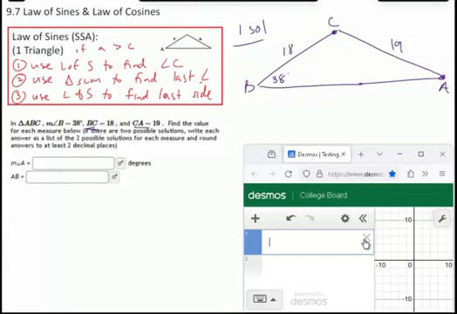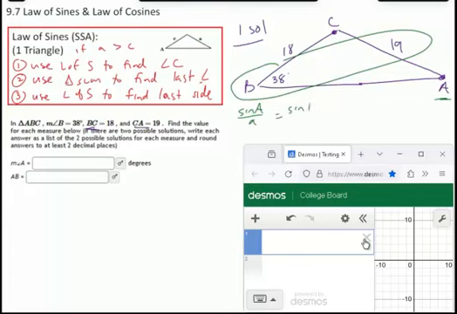What we now have is one known ratio. The B's are our known ratio. The other piece of information that we can solve for first is going to be our angle A, since we already have side A. So we can set up our law of sines. Remember, law of sines is sine of A over A equals sine of B over B equals sine of C over C, and you can flip these either way.